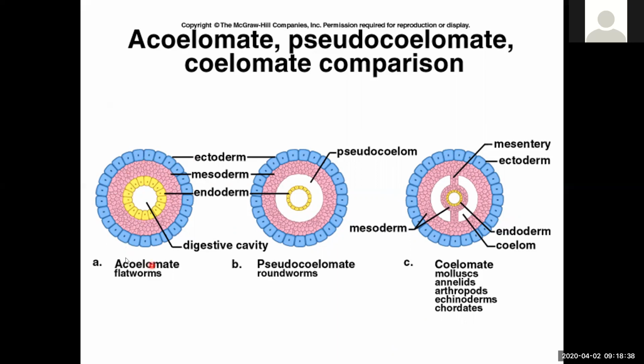Now, acoelomates just refers to a coelom. A coelom is a gap in between the endoderm and the mesoderm in this case, but at least a gap between the tissue layers. A true coelom is a gap within the mesoderm. This allows for expansion and growth of organs and development of organs, including blood vessels.